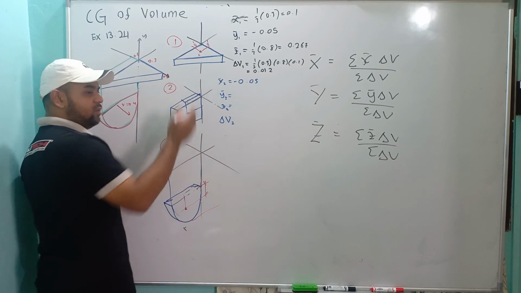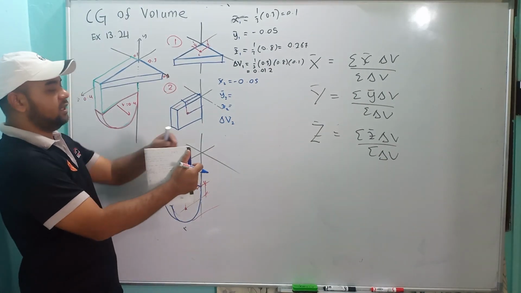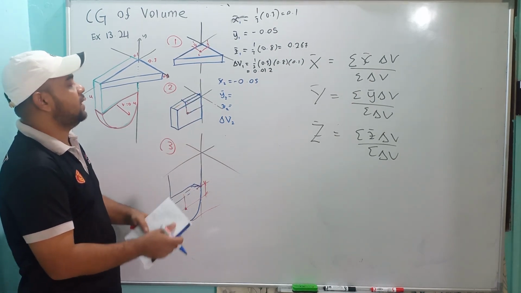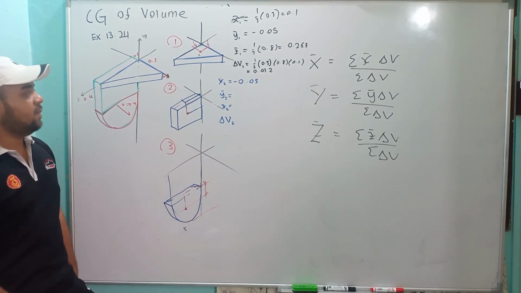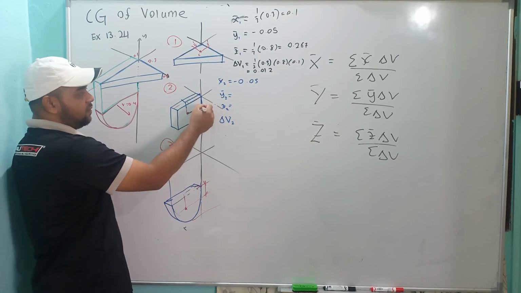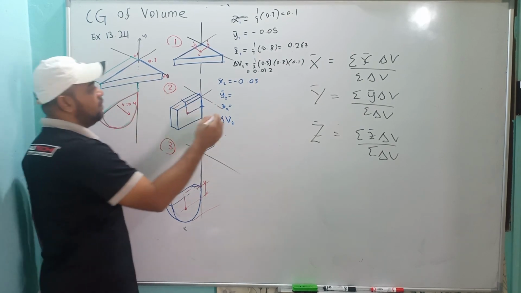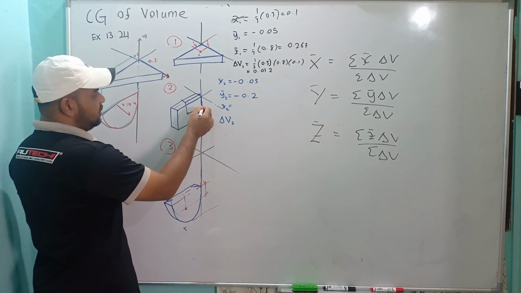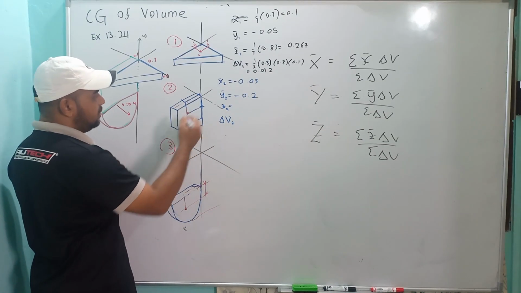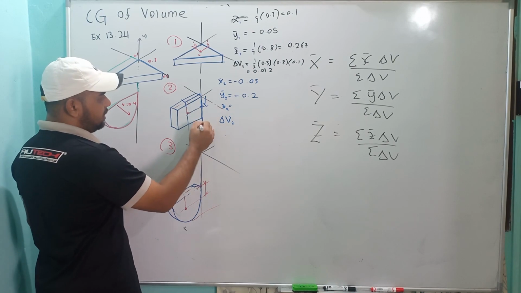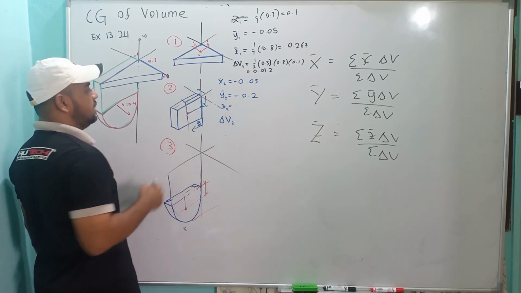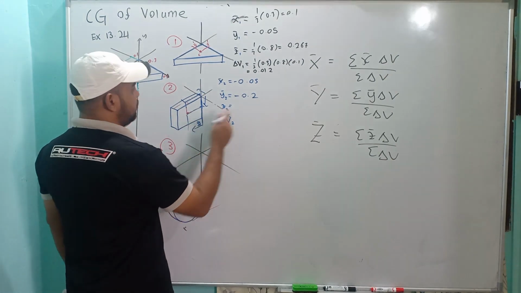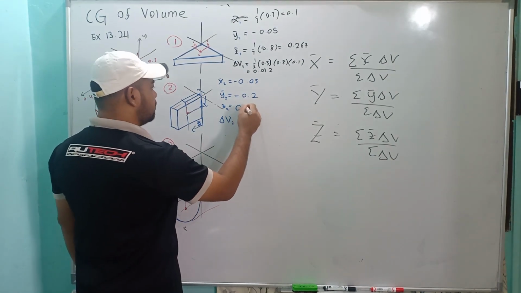Y bar is going downward, half from here, which is 0.4 minus 0.2, and z bar goes this direction, half from this one. This is y bar, this is z bar, x bar is this direction. So this is positive, half from 0.8, so positive 0.4.